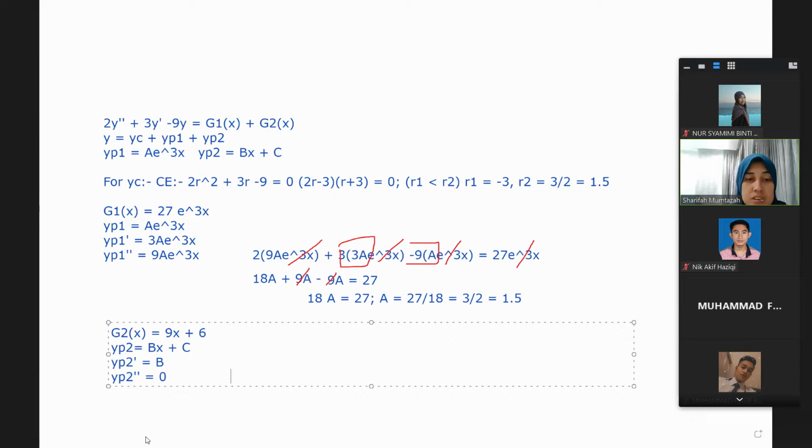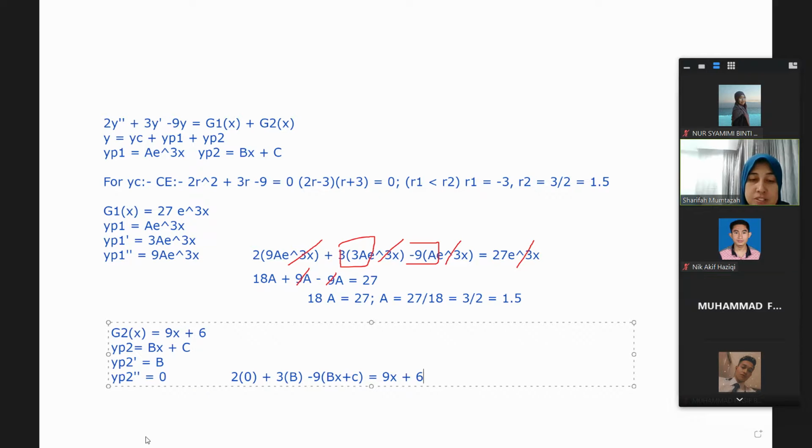In the bracket, 0, 2, 0 plus 3 in bracket B, 3 in bracket B minus 9 in bracket BX plus C, equivalent to 9x plus 6.